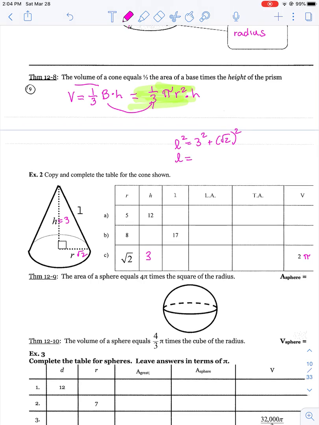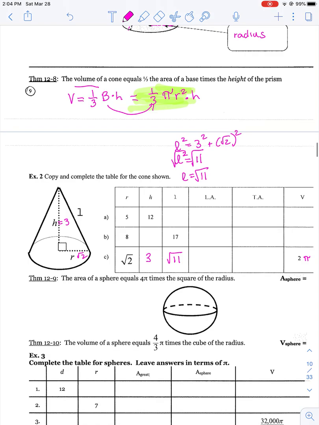So when I go ahead and solve for that, I get L squared equals 9 plus 2, 11. So if I take the square root of both sides, L is equal to the square root of 11. In most cases, you want to leave the values with radicals in it because that's an accurate answer as opposed to punching it into the calculator and giving a decimal approximation.